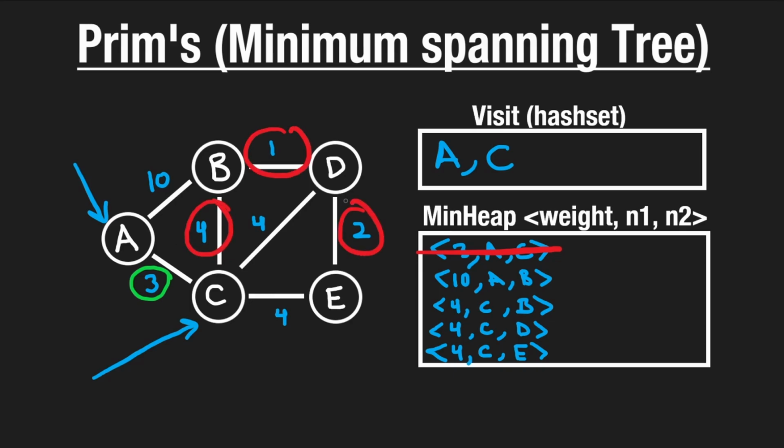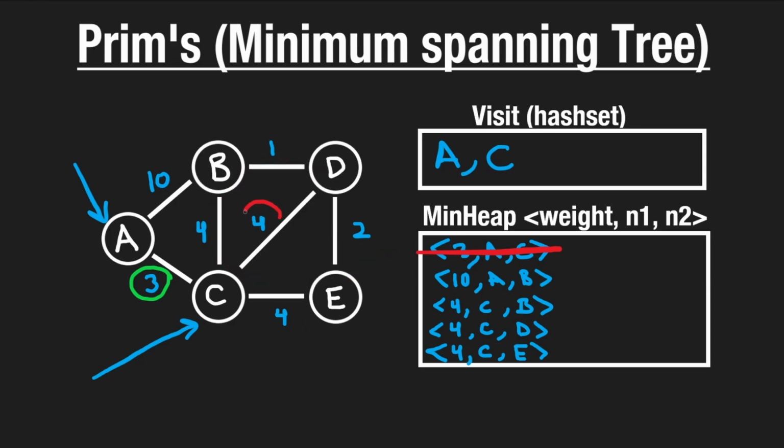We would end up adding these 3 nodes. But if we end up popping this one first, then we're going to end up adding these 3. Or maybe we end up popping this one first. In that case, we would end up adding these edges. Regardless of how we do it, we don't end up with a cycle and we end up minimizing the total cost. But let me actually prove it to you.